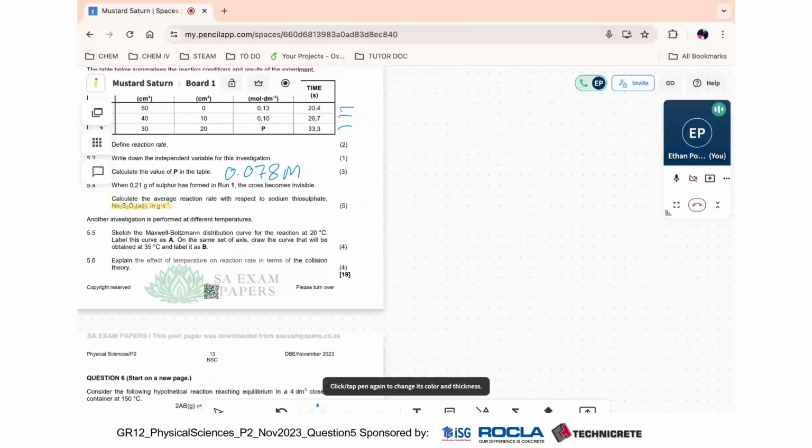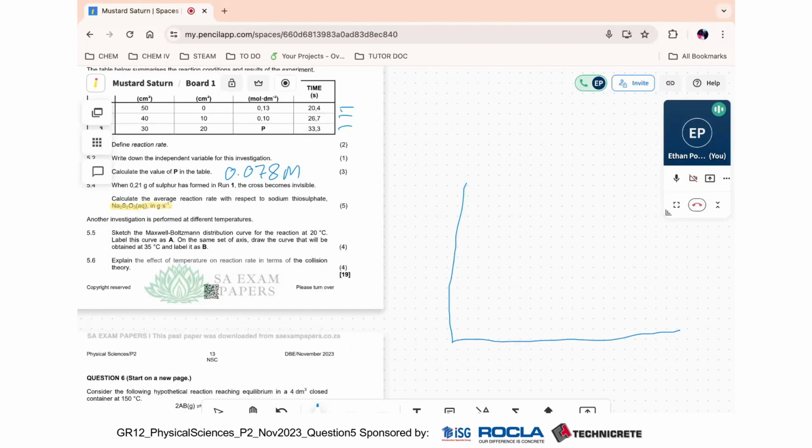What does that include? So let's put a set of axes. I'm just using freehand. At the bottom, we have kinetic energy for this plot.